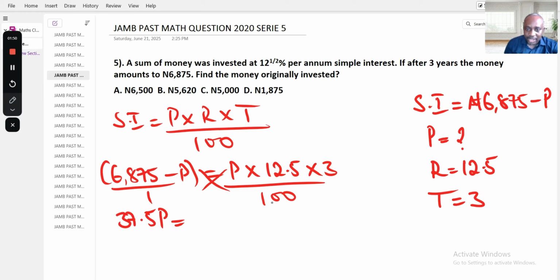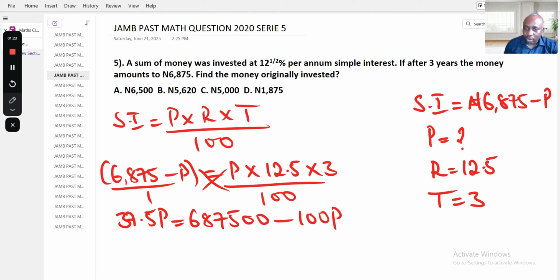So let's multiply it together to open the bracket directly. 100 multiplied by 6,875 is going to give us 687,500, minus 100 multiplied by p, which is 100p. Now we have opened the bracket, the cross multiplication. Now let's collect like terms, the ones that have p.